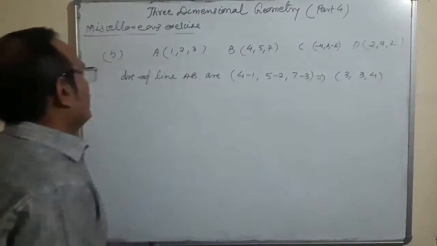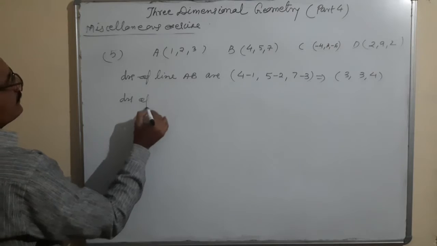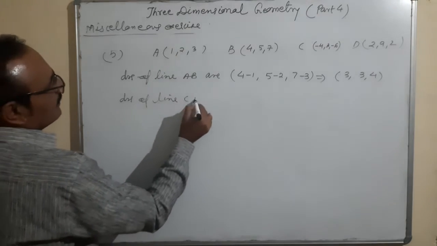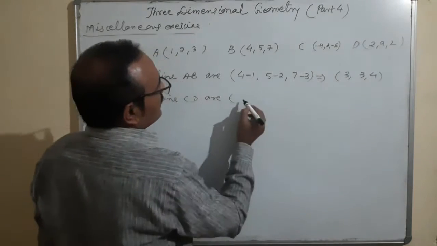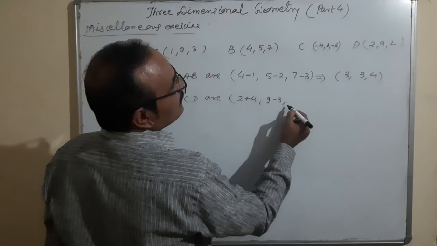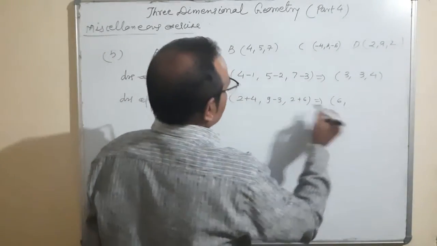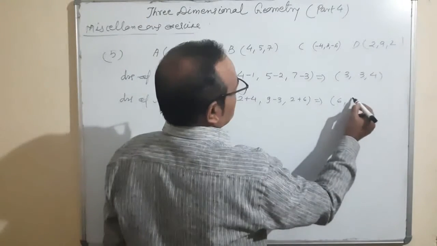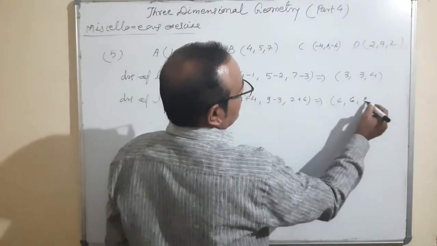And the direction ratios of line CD are 2 minus minus 4, that means 2 plus 4, 9 minus 3 and 2 plus 6. So it is 6, 6 and 8.